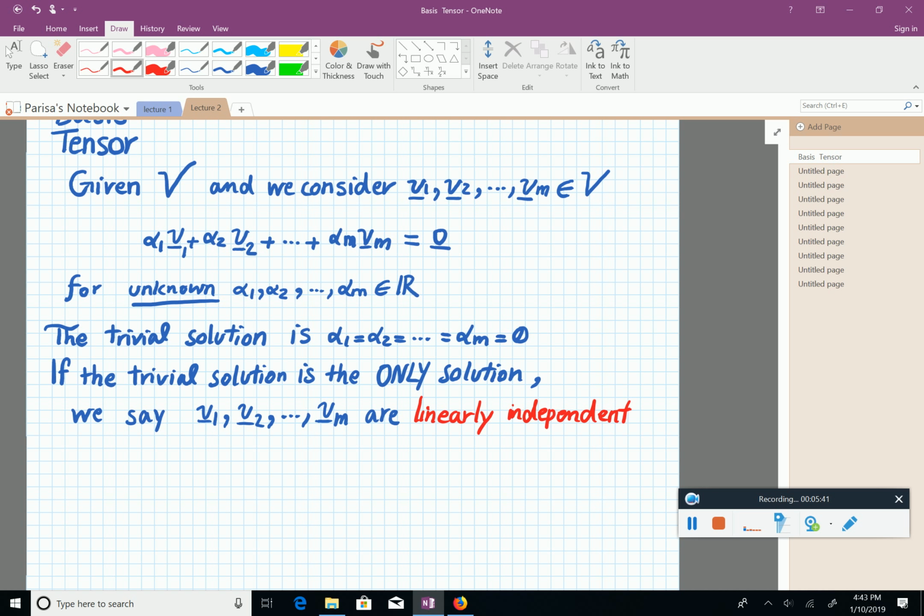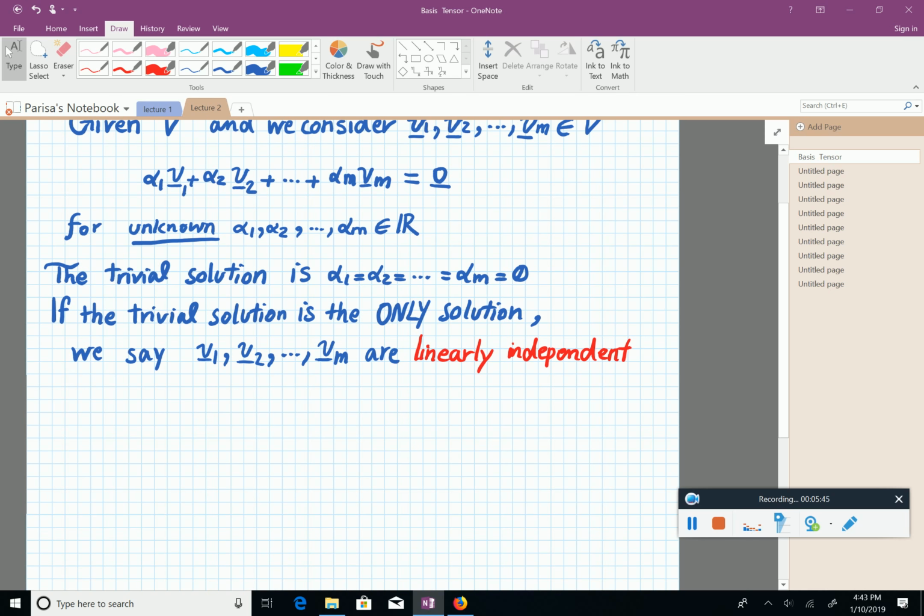So why do we care about that? Remember, I want to go towards basis. This is important to make the definition for a basis for a vector space. I start by telling you something that you may have heard in some other ways, but I just write a sentence and then we discuss what it means.